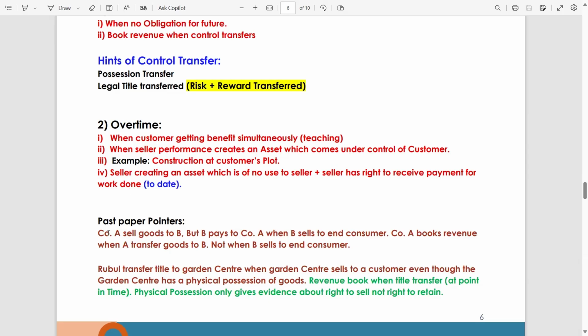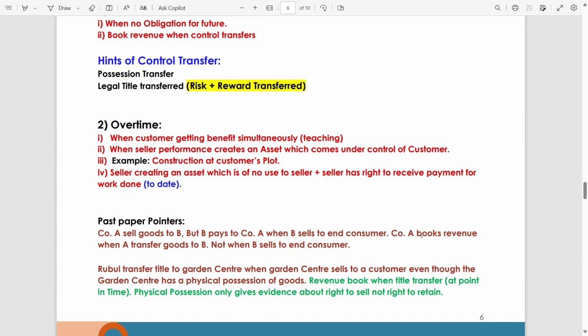Past paper pointers. These are the pointers which I have extracted from your past paper. Company A sells goods to B, but B pays company A when B sells to the end consumer.